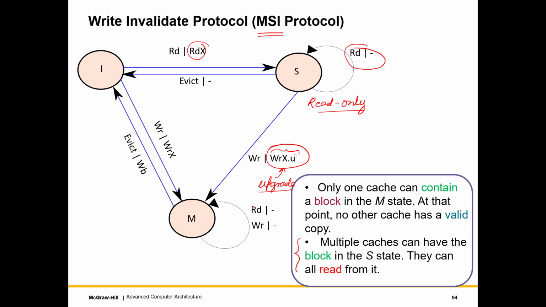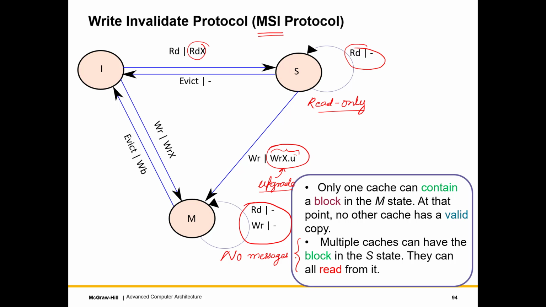And here is the fun part. In the modified state, we can continue to read and write. No messages are sent. So this makes this part of the protocol extremely power efficient, the reason being that we can continue to write in the M state without broadcasting a message.